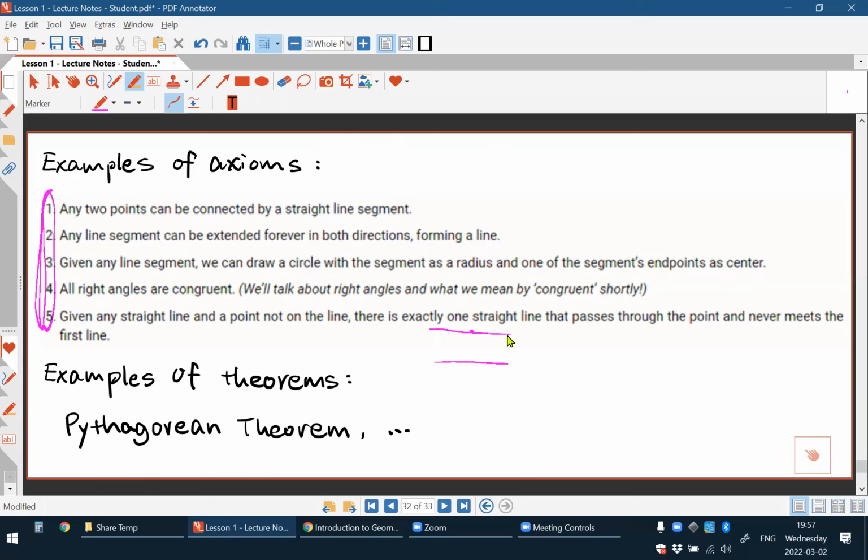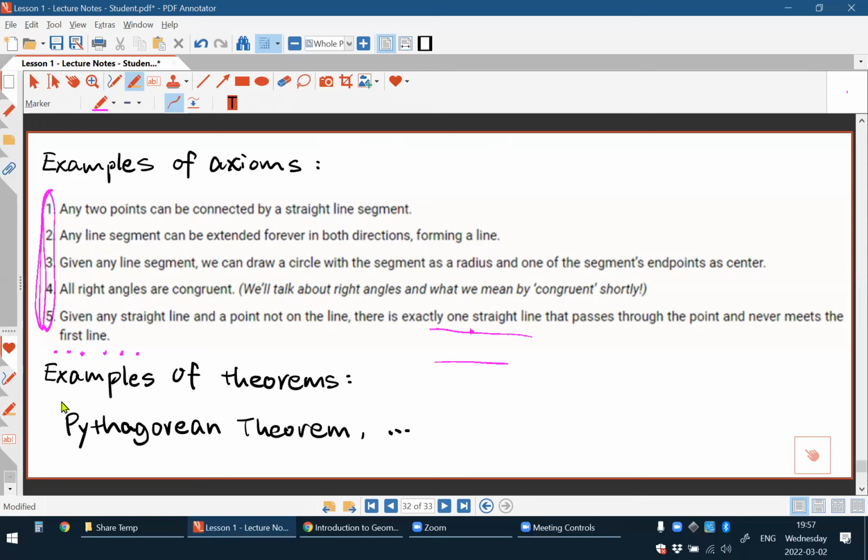Okay, this is another example of axioms. Of course, there are many others, okay? These 5 are typical axioms we'll be using in our geometry class.